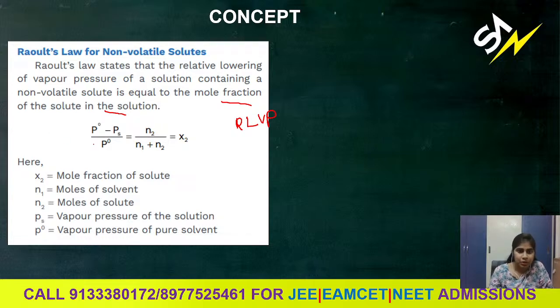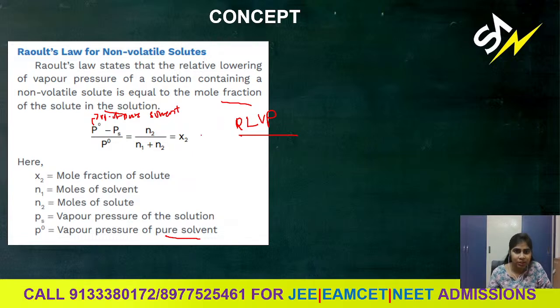What is P0 here? P0 is the vapor pressure of the pure solvent. What is PS? PS is the vapor pressure of the solution. So the difference between the vapor pressure of the pure solvent and the vapor pressure of the solution, divided by P0, the vapor pressure of the pure solvent, is known as the relative lowering of vapor pressure.